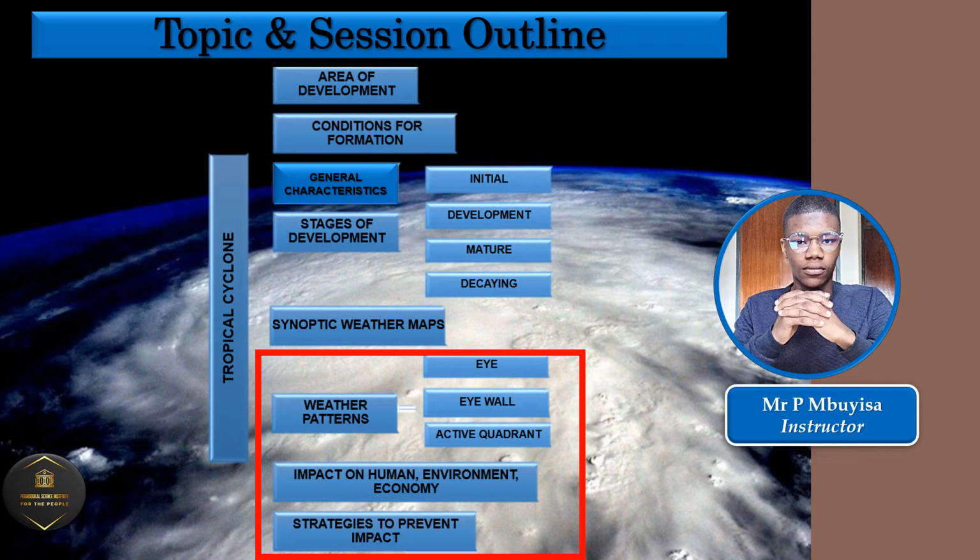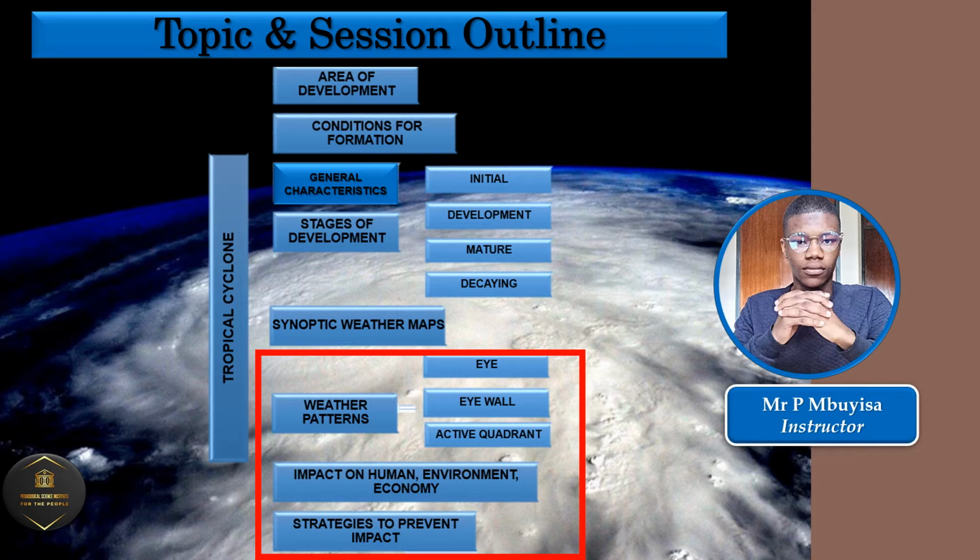Now, we are going to put keen focus on the weather patterns associated with a tropical cyclone. So we are going to look at the conditions in the eye, the conditions in the eye wall, the conditions in the active quadrant, or what is also known as the dangerous semicircle.